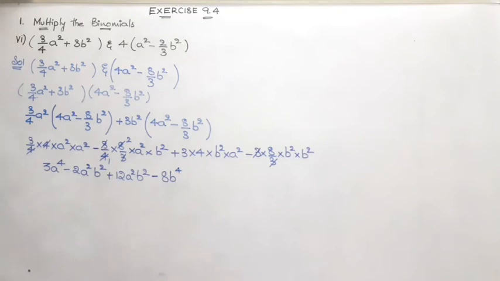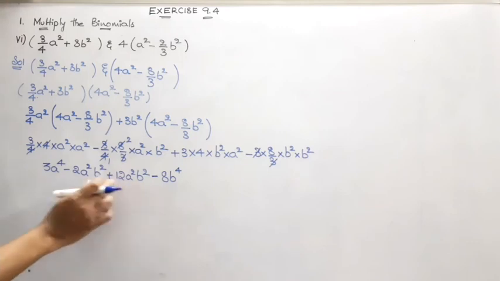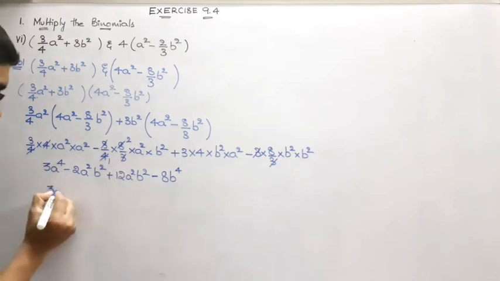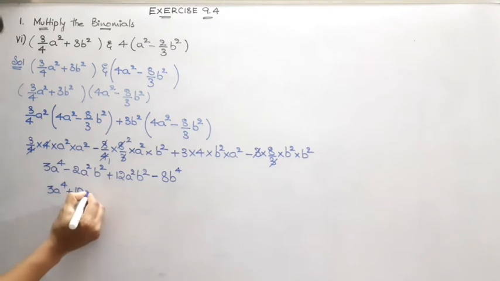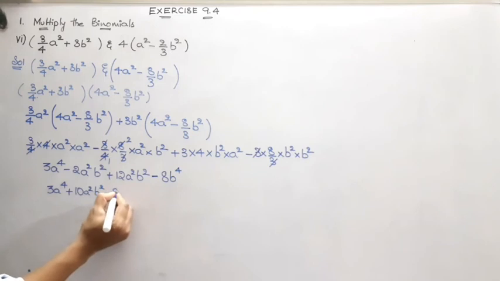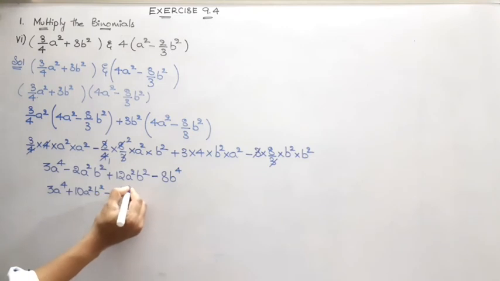Now here this one and this one are unlike terms, whereas these two are like terms. So the answer is going to be 3a power 4. Solve for the like terms, minus 2 plus 12, which gives us plus 10 a square b square, and the leftover term is minus 8 b power 4.